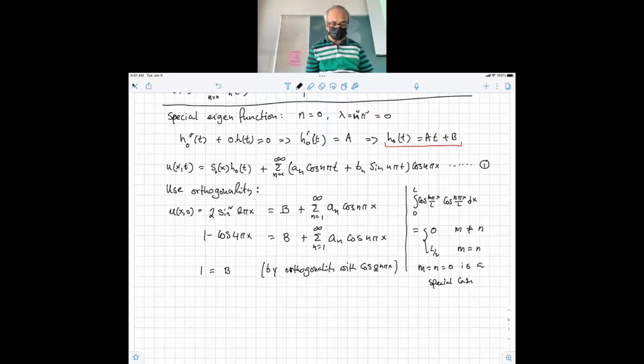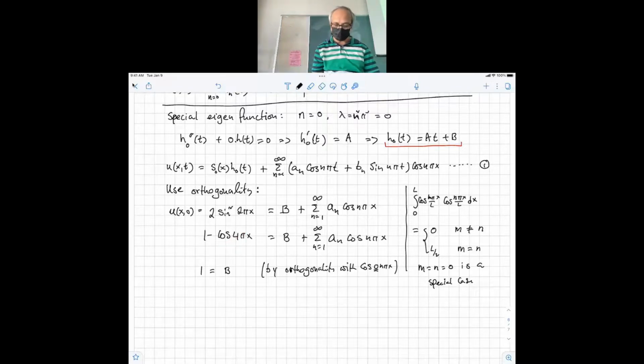And then multiply by cos n pi x, and for n equals 1, n equals 2, n equals 3, if I look at the left hand side, only n equals 4 will survive. It's 4 pi x.